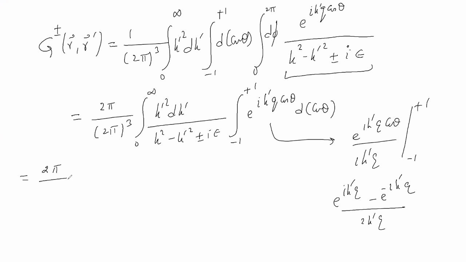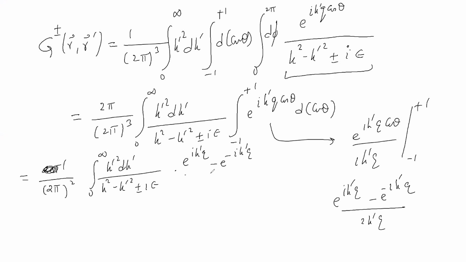Therefore, I can write this as 2π by twice π cube, or I should in principle write (2π) whole square, integral 0 to infinity k'² dk' by (k² minus k'² plus minus iε), and this will give you (e to the power i k' q minus e to the power minus i k' q) upon i k'. Therefore, the k' will get cancelled out.